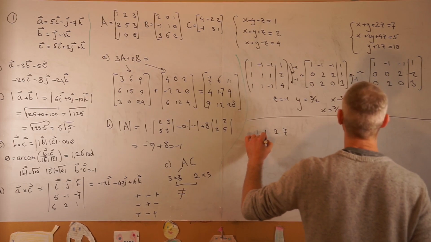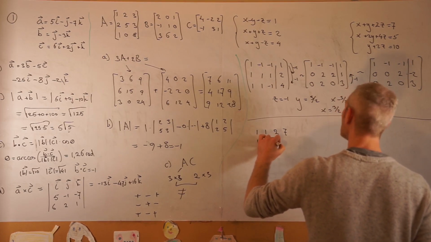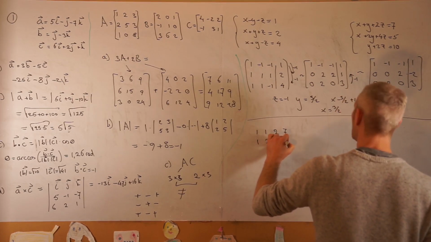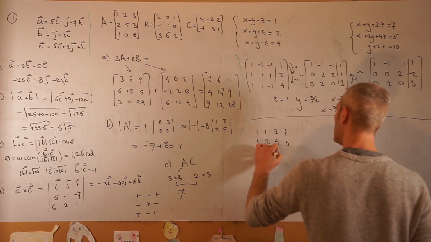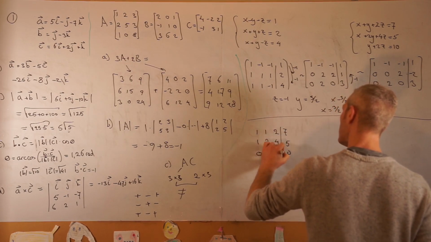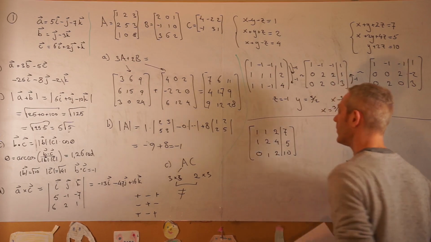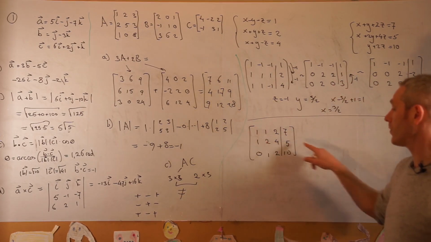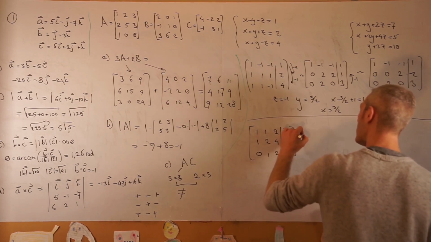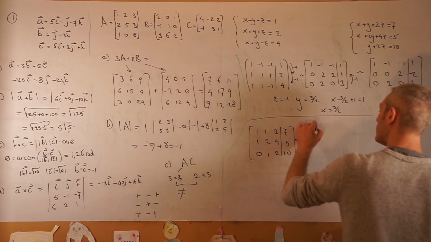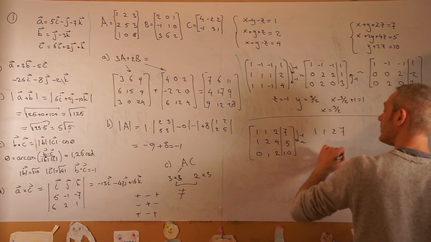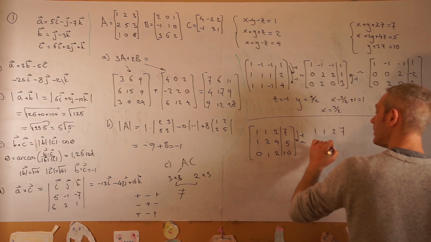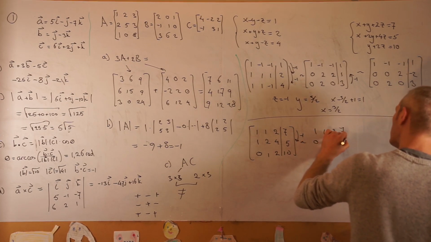But I will work it out for this one. 0, 1, 2, 10. Now, because I have a 0 here, I don't have to worry about that. I subtract the first row from the second. And we find 1, 1, 2, 7, 0, 1, 2, minus 2.